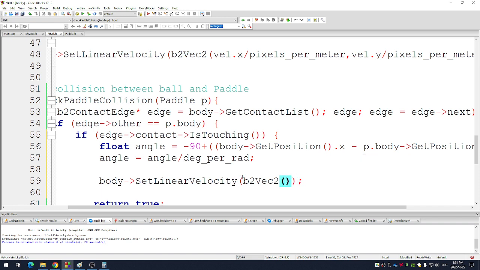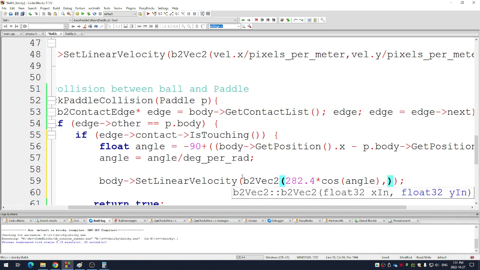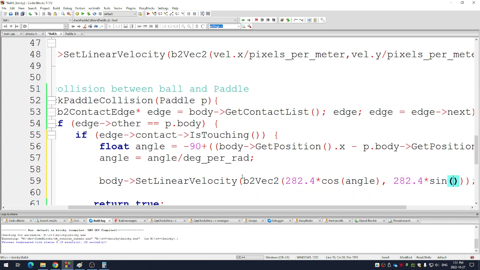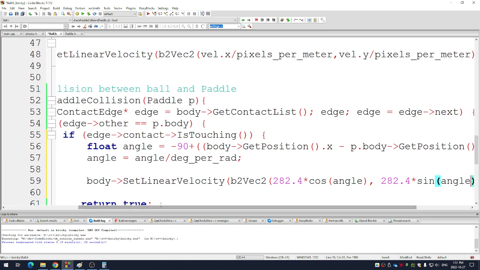And here we'll give it our speed, which originally we had as 282.4, so I'm going to keep that. That should be a variable down the line. Times the cosine of angle. That's our x direction. Y direction, 282.4 times the sine of our angle. That's good.